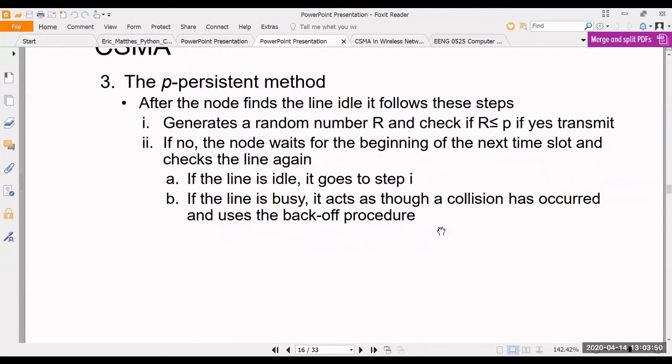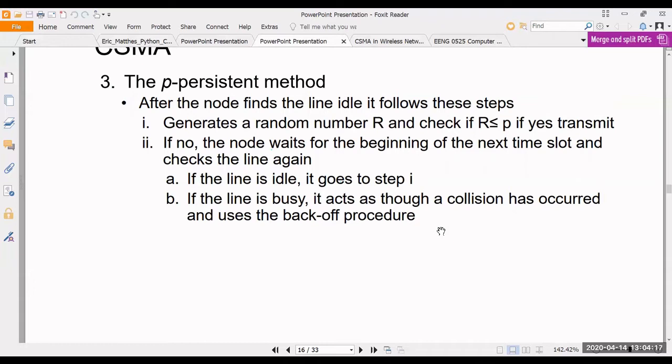Then only if a certain number is less than 1 minus P. If P is a probability, then 1 minus P will be a value less than P. Then it's possible, just like we have here that R is less than P. Okay, sure.